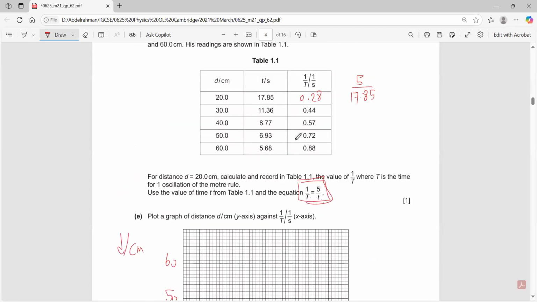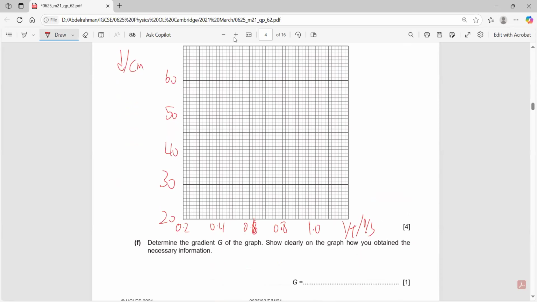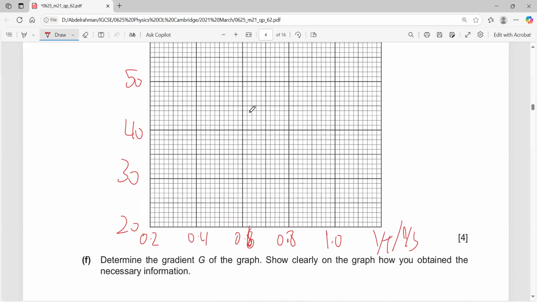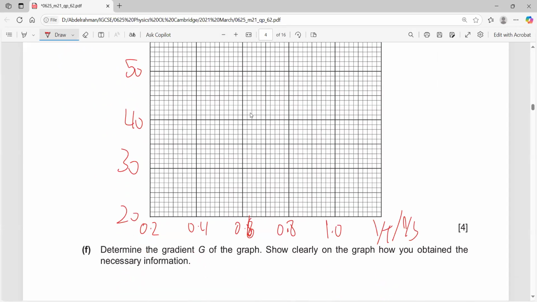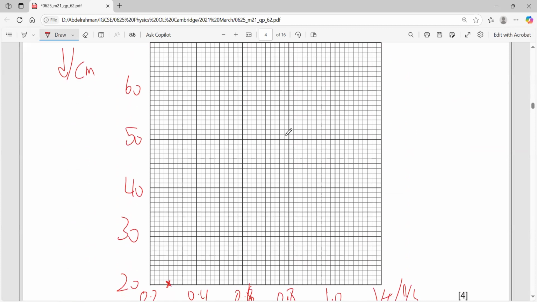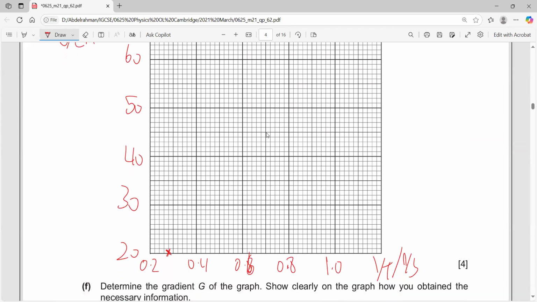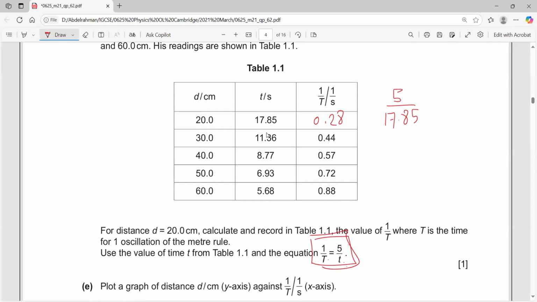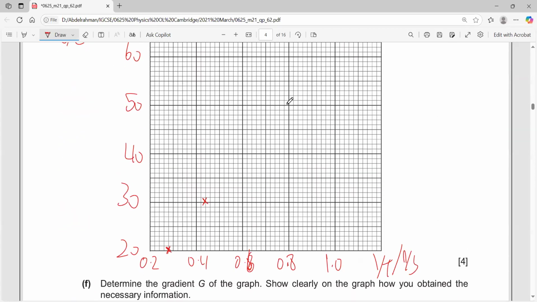First point, 20 and 0.28. Okay, let's zoom in a bit. 20 and 0.28, so 0.28 is at this point exactly. And then 30 and 0.44. Okay. 40 and 0.57.